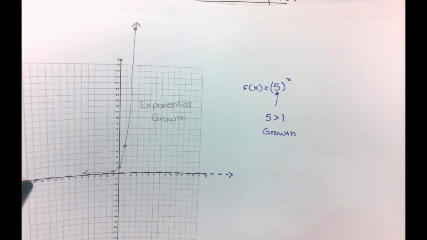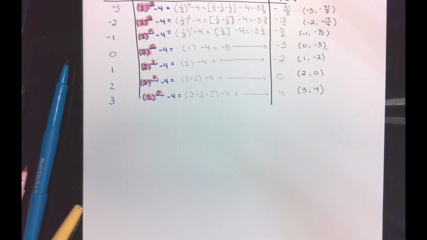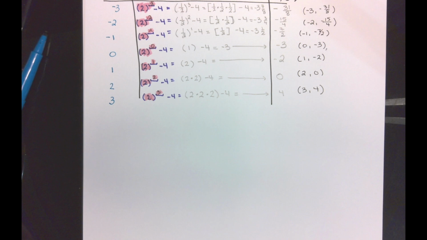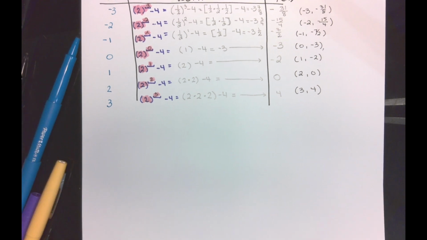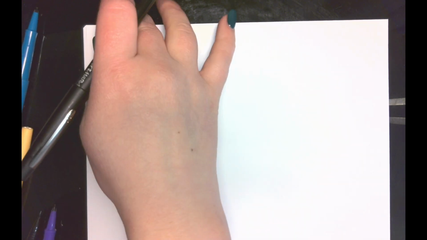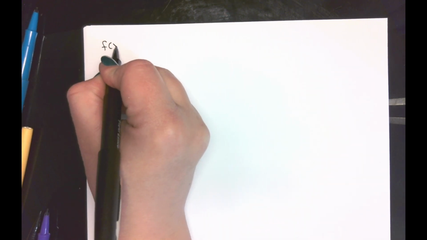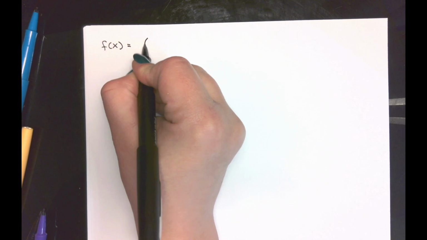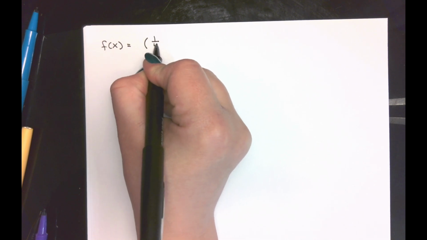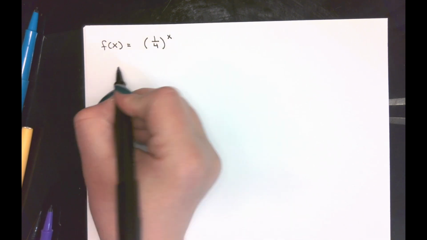Let's do one more example, and this time let's do a decay. So let's do a b value that's smaller than 1, but greater than 0. Example number 3. I'm going to keep the asymptote at 0, so I will not be giving you a k value. f of x is equal to, let's make it, 1/4 to the power of x.